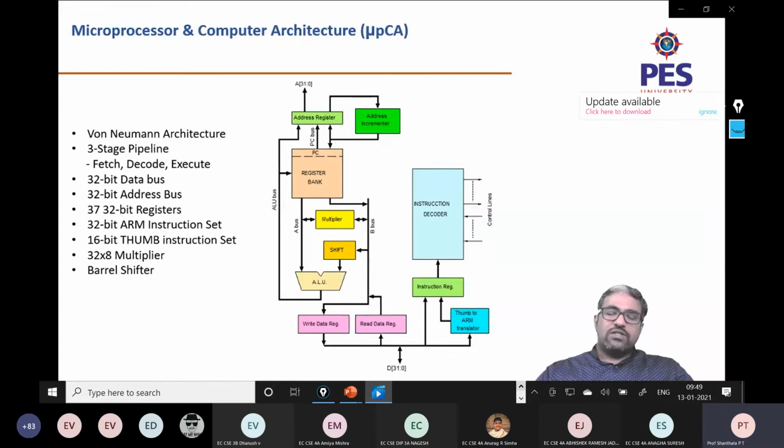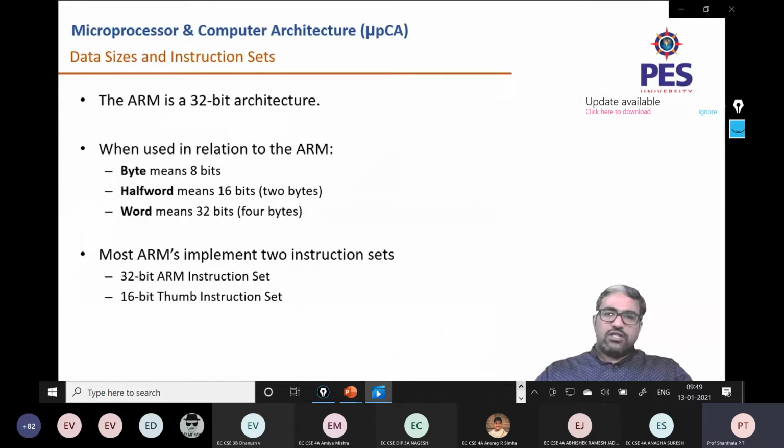When we look at the instruction set, you will understand how the instruction accommodates this shifting operation also, whether it is mandatory or optional. We'll look into it when we look at the instructions, right? So in a nutshell, this is the block diagram of the ARM processor, which is required for us to write the program for this processor, right?